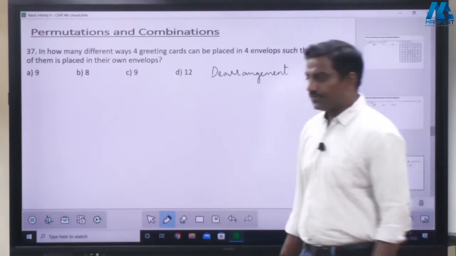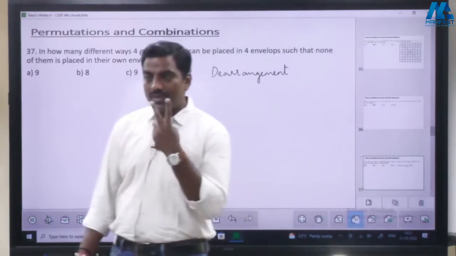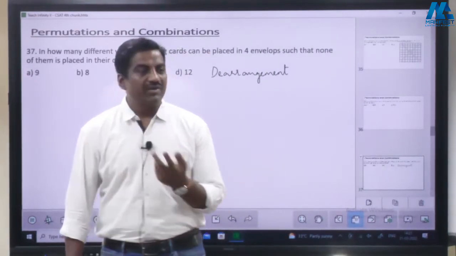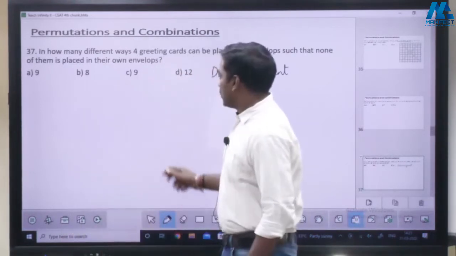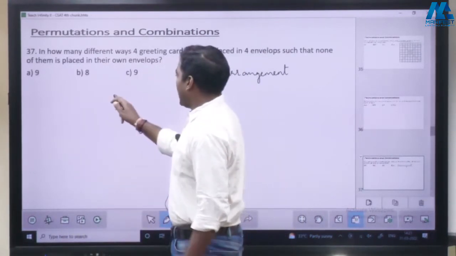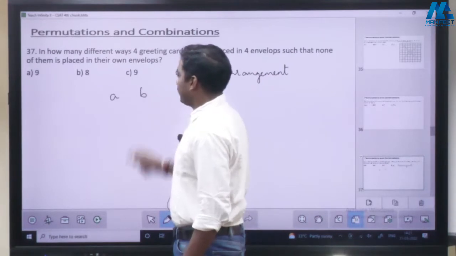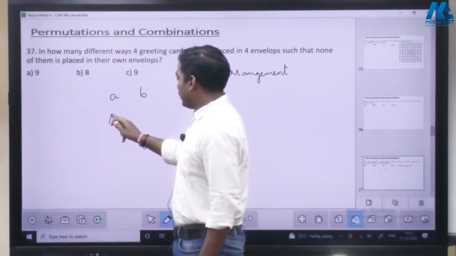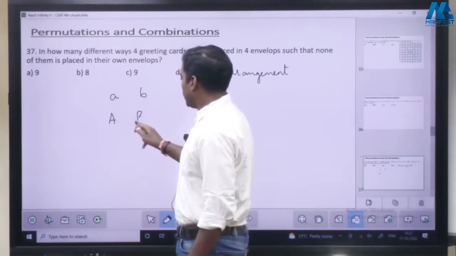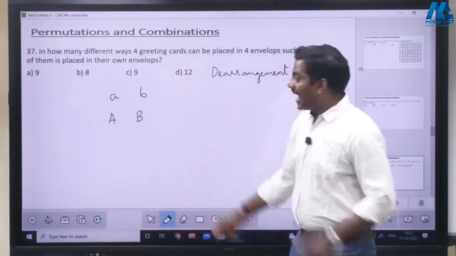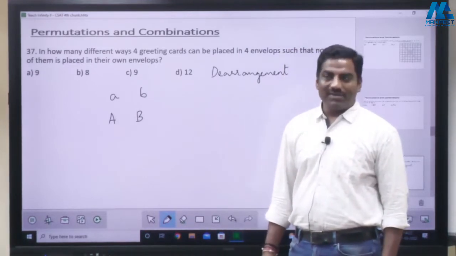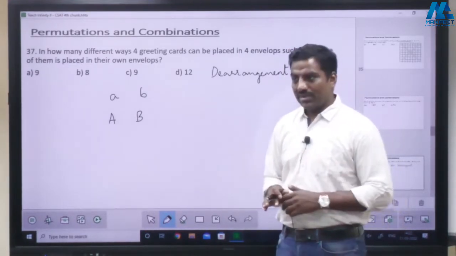For example, you have 2 letters and 2 envelopes. Okay. So letter A and letter B, and we have respective envelopes also. Envelope A and envelope B. A has to go into envelope A. B has to go into envelope B. This is arrangement.